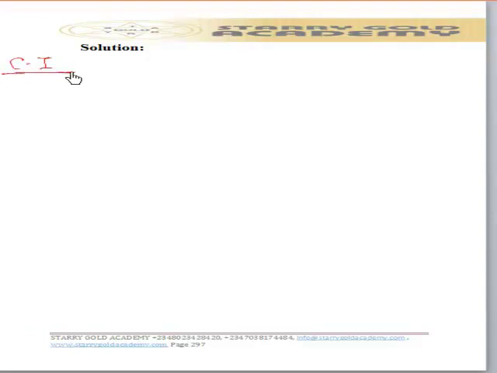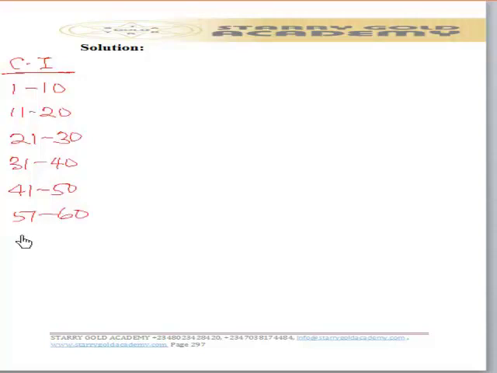We have the class interval: 1 to 10, 11 to 20, 21 to 30, 31 to 40, 41 to 50, 51 to 60, 61 to 70, 71 to 80. That's our class interval.